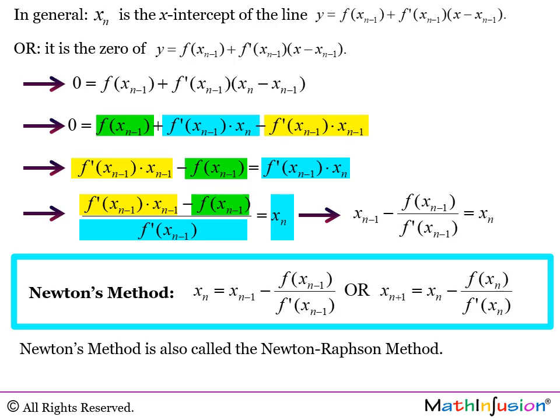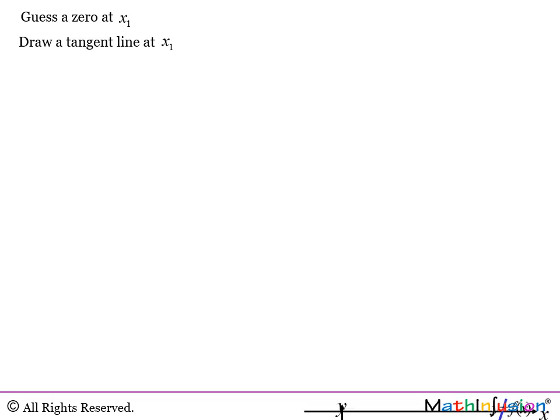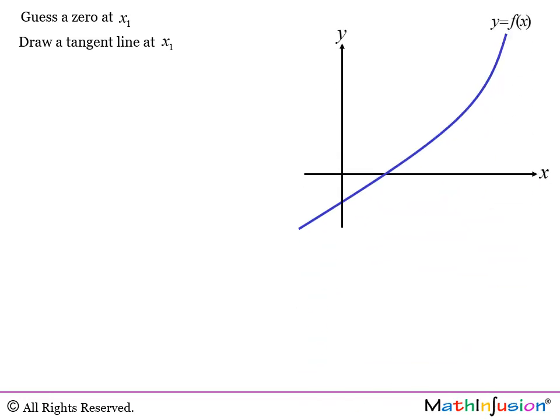Newton's method is also sometimes called the Newton-Raphson method. First we guess 0 at x1. Then we draw a tangent line at x1. If this is the graph of the function and this is x1, here is the tangent line, and the equation of the tangent line is this.